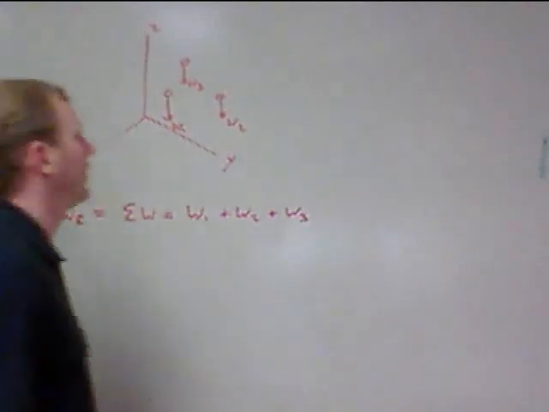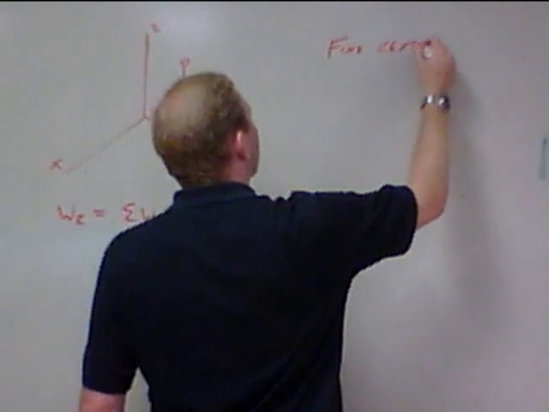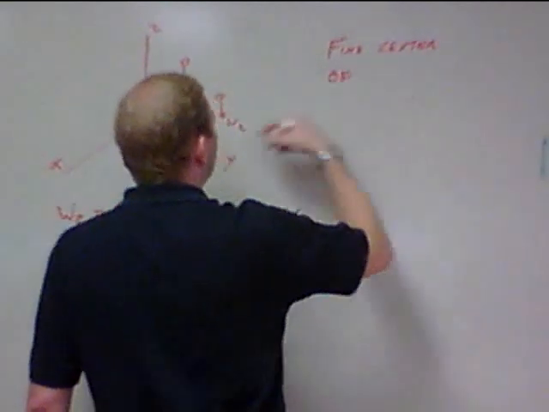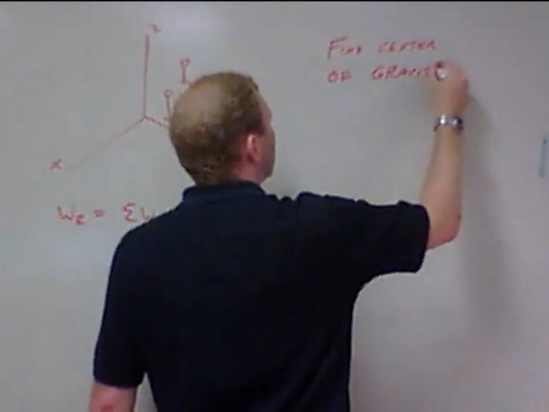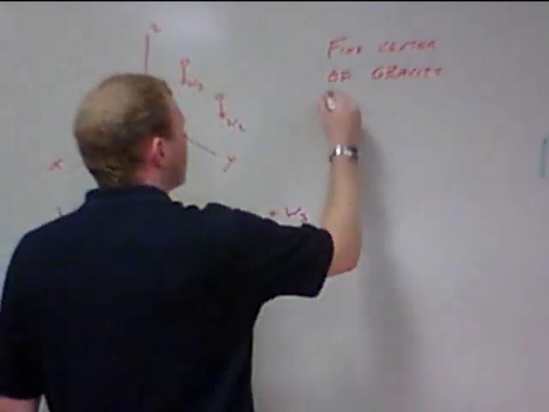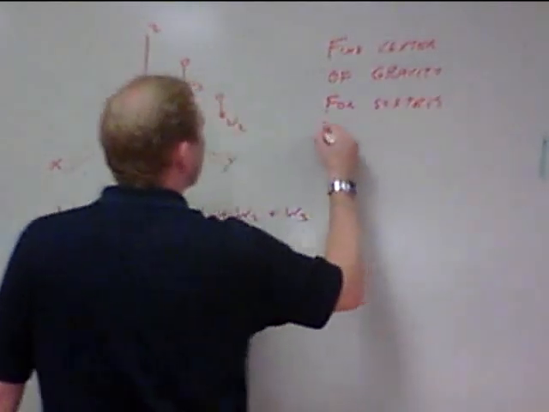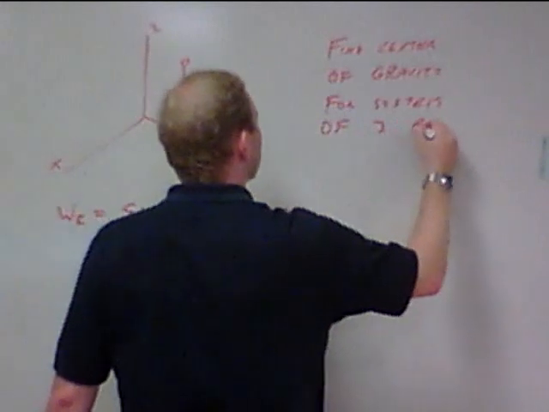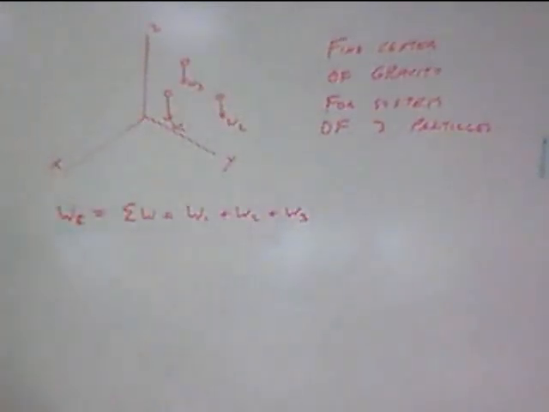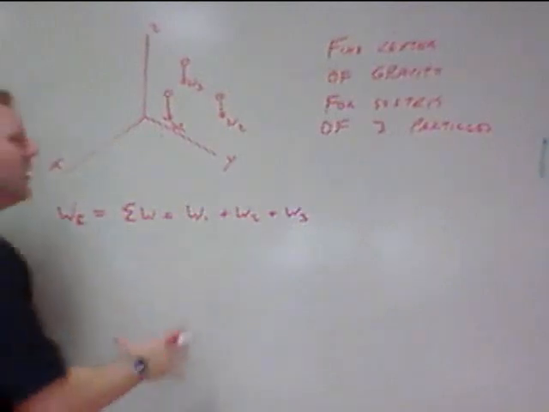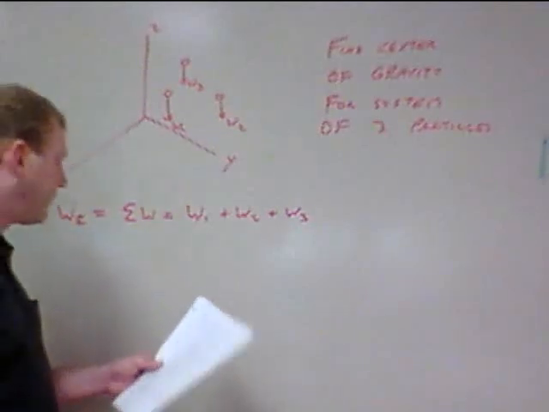So again, we're dealing with weight, so it's going to be finding the center of gravity for our system of 3 particles. I'm not going to have numbers in here. This is more of an example. I want to deal with this in terms of the symbols and the relationships.